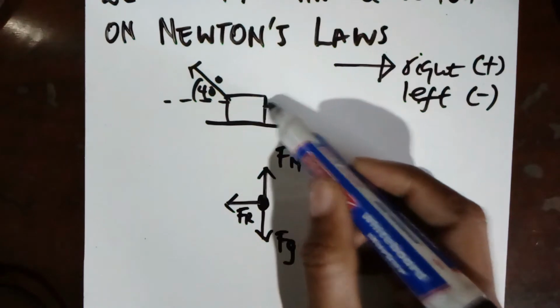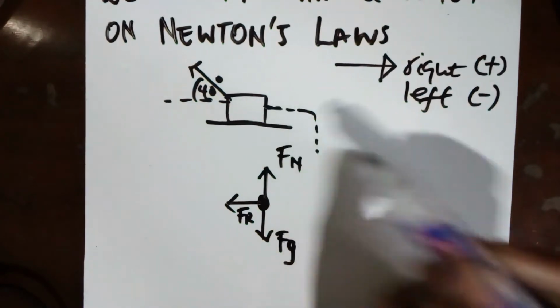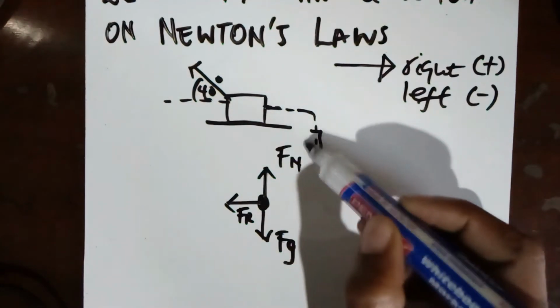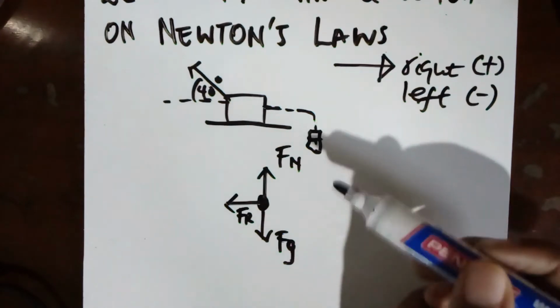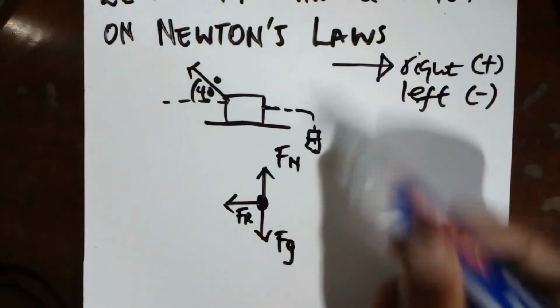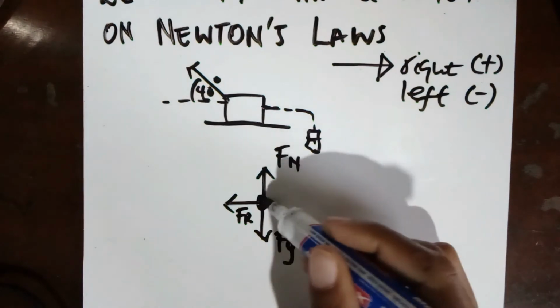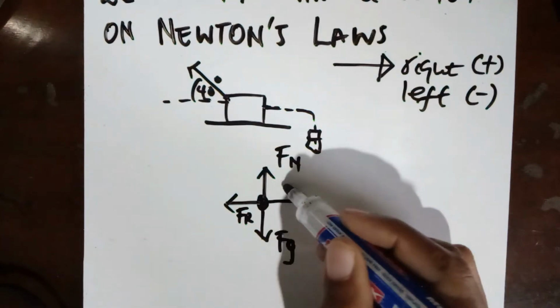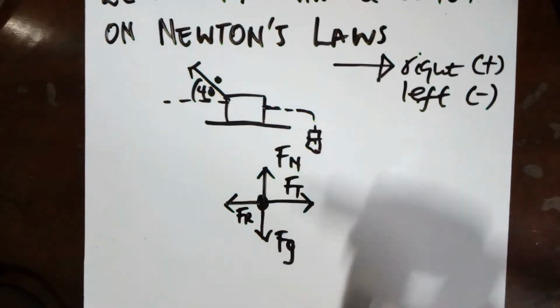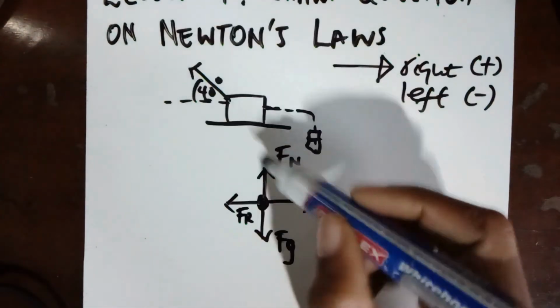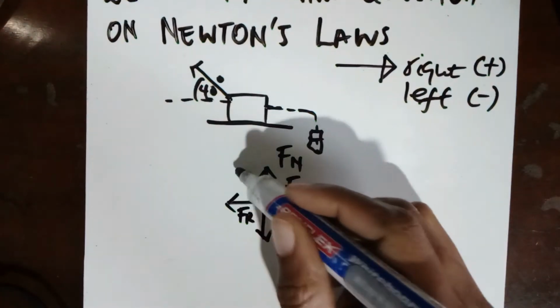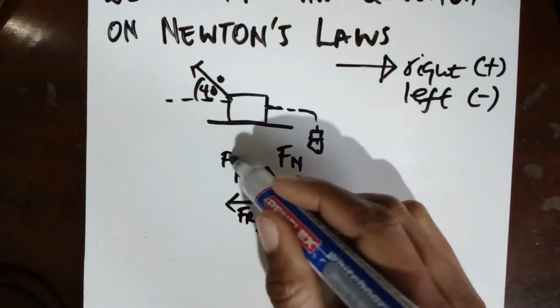Remember now, there's a string. This object was connected to two masses, the two blocks P and Q, and the force in a string we call a tension. So we also have tension, let's call that Ft. And then we have that applied force, which we can draw over here and call Fa.